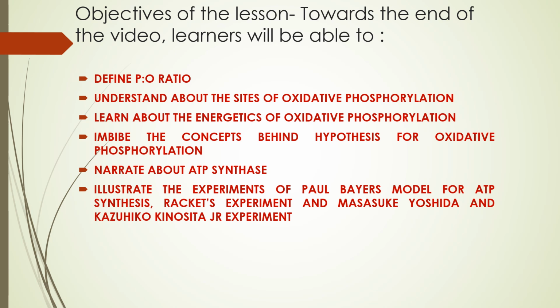They'll imbibe the concepts behind hypotheses for oxidative phosphorylation, narrate about ATP synthesis, illustrate the experiments of Paul Boyer's model for ATP synthesis, then the experiments done by Racker's, Masasuke Yoshida and Kazuhiko Kinosita Junior experiment.